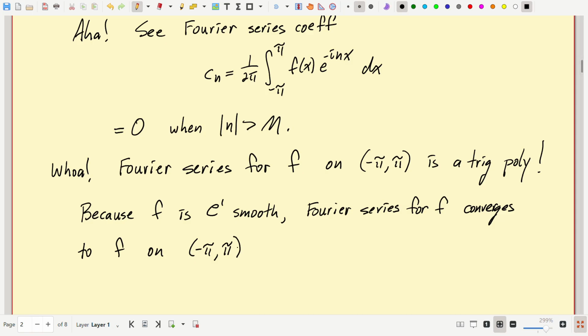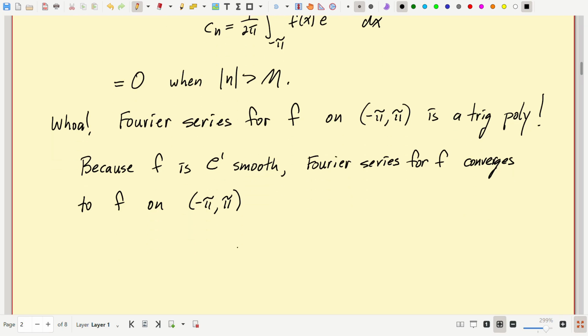It's 0 at the endpoint, so it actually converges at the endpoints too. So the Fourier series for f converges to f on that interval. So what we have is that f of x would be a sum over absolute n less than or equal to m of the Fourier coefficients times e to the i n x, a trig polynomial. How in the heck is it possible for a trig polynomial?